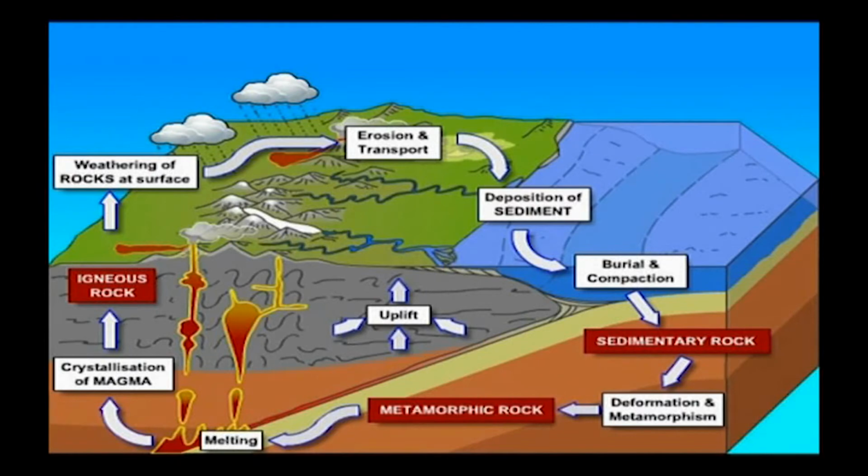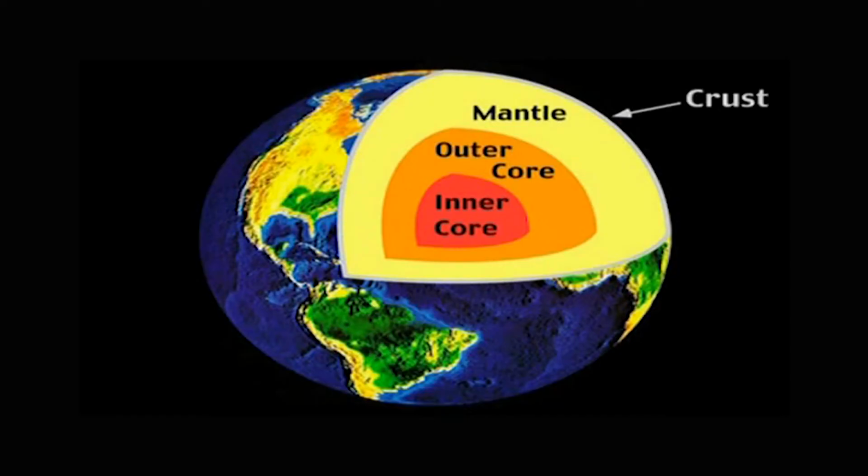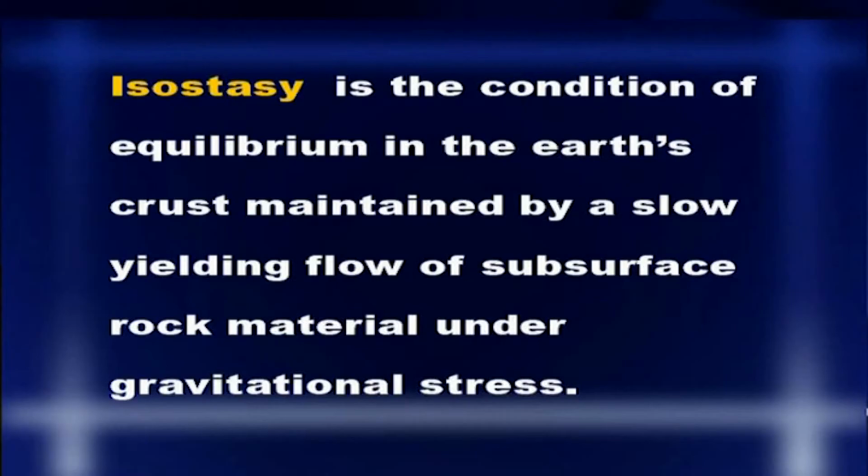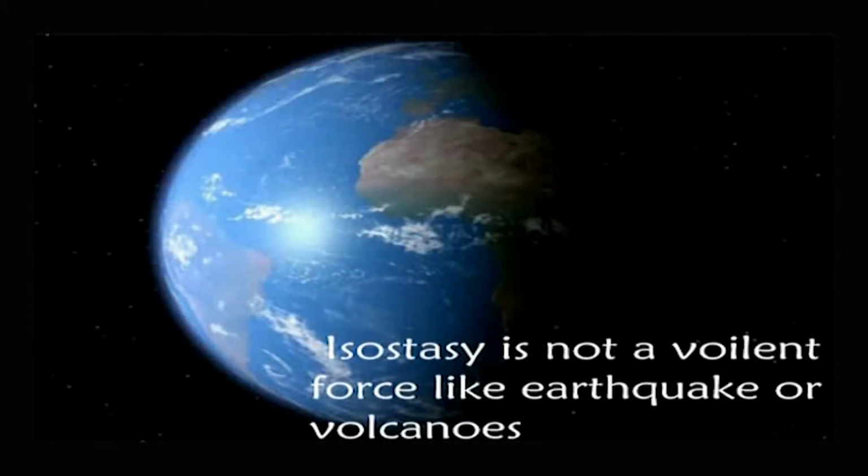Along with these forces, our Earth's crust has another very slow process which is often difficult to see, and that is isostasy. It is the condition of equilibrium in the Earth's crust maintained by a slow yielding flow of rock materials under gravitational stress. After going through the whole lecture, you will understand clearly that isostasy is not a violent force like earthquakes or volcanoes.